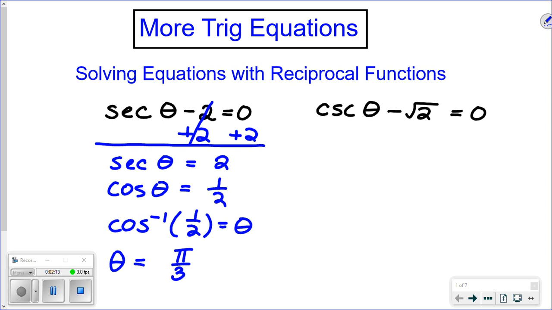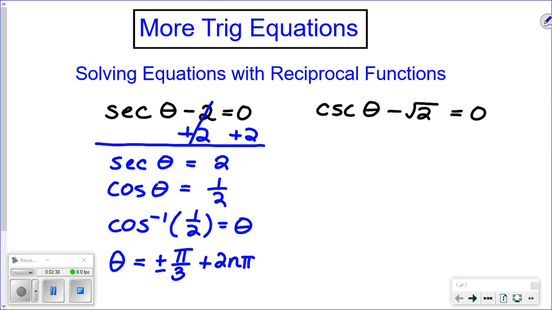And then remember, because we're solving for cosine, we can just put a plus minus in front of the pi over 3. That'll account for the two angles where cosine is 1/2. And then, because that terminal side is going to continue to rotate around the unit circle, we want to add 2n pi to find all the solutions.